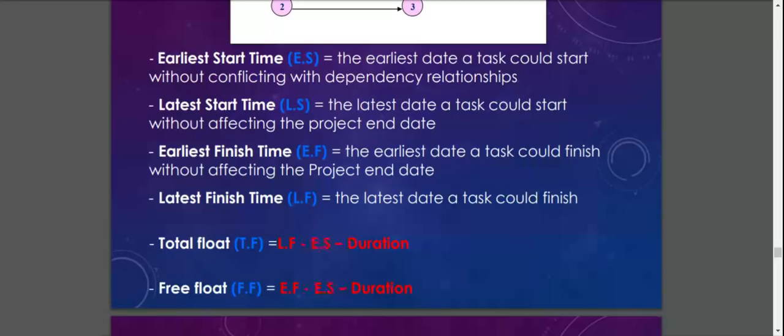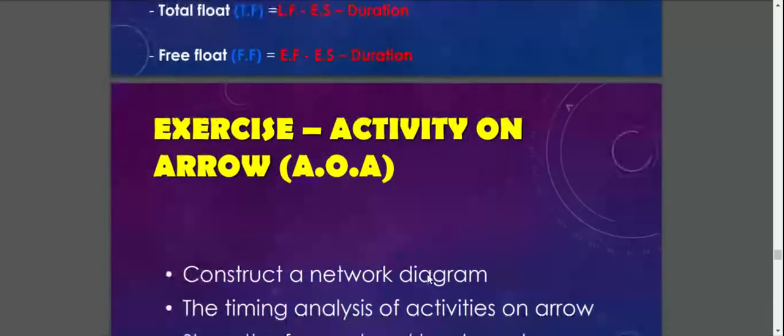And if you want to get the free float, the formula is earliest finish minus earliest start minus duration. So please, students, remember these two formulas, because they are going to be used for your diagram calculation later.